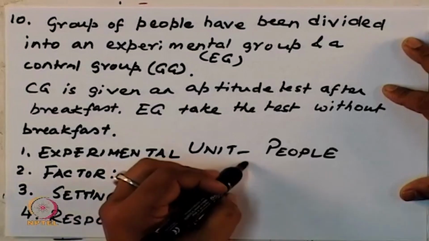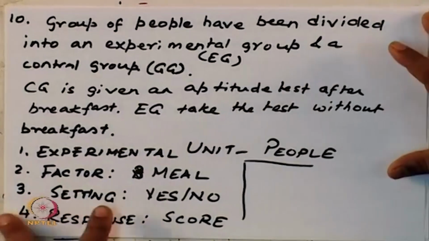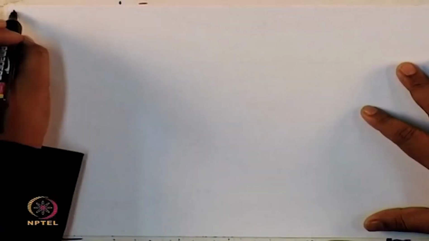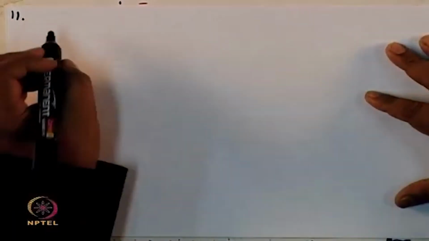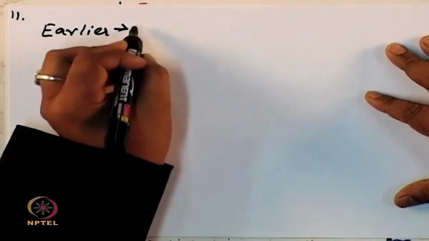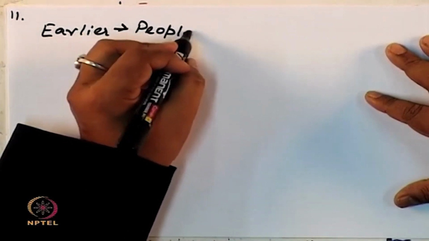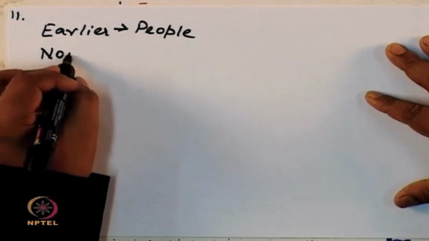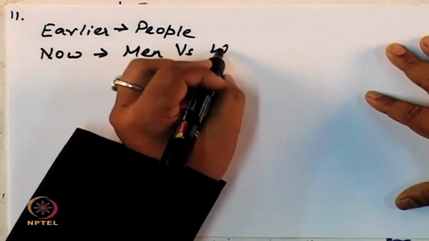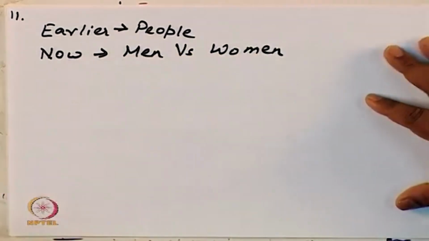Okay. Now, imagine in this same population, earlier I just had people. Now, I have men versus women. Okay.